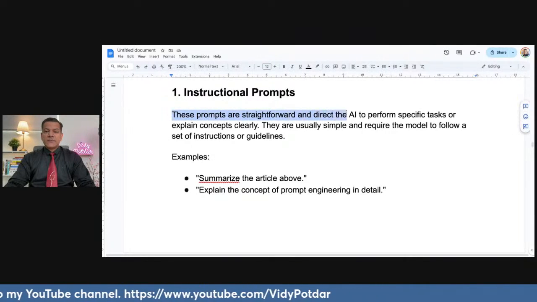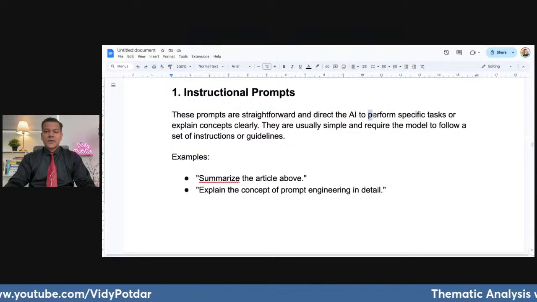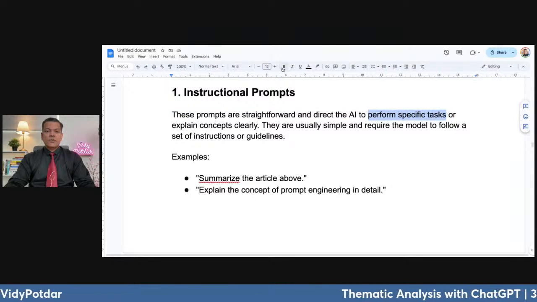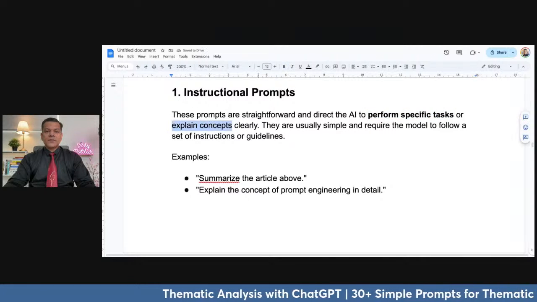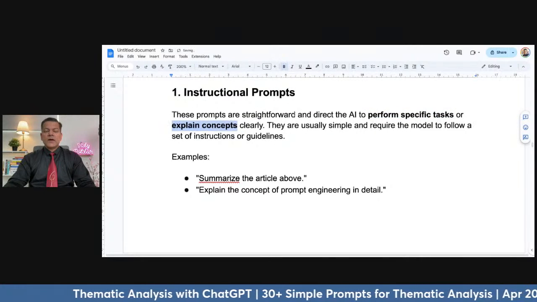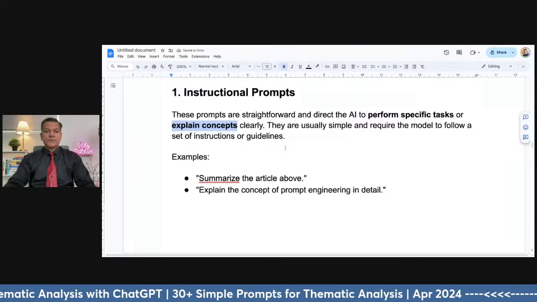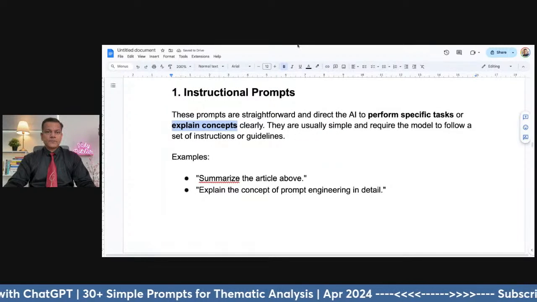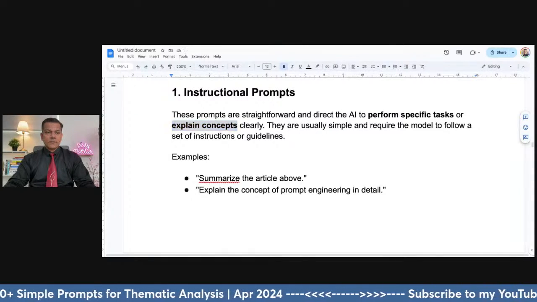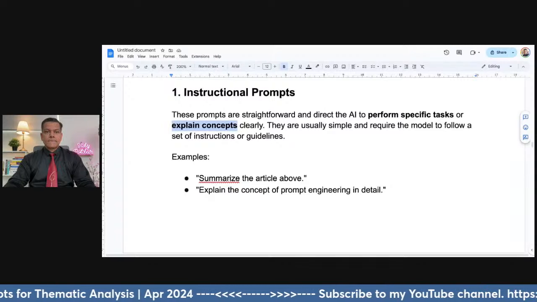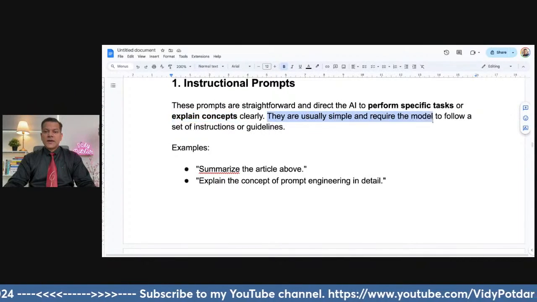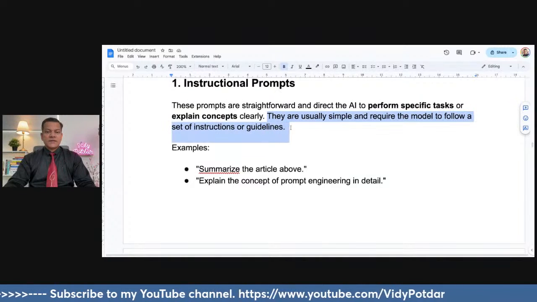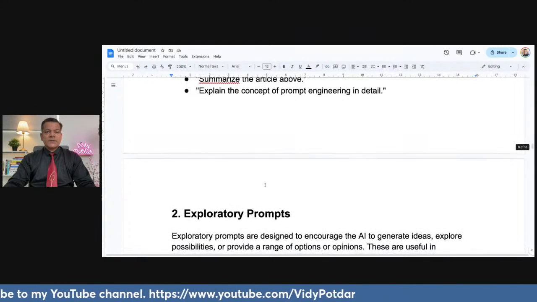They are pretty straightforward and direct AI to perform specific tasks or explain concepts. This is ideally very good for learning. They are usually simple and require the model to follow a set of instructions or guidelines. So these are the examples.